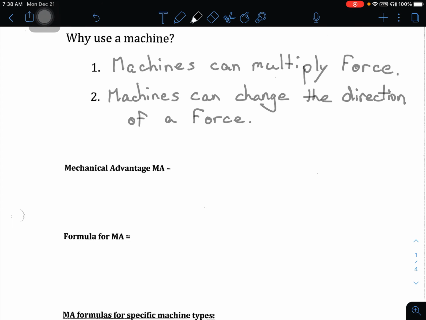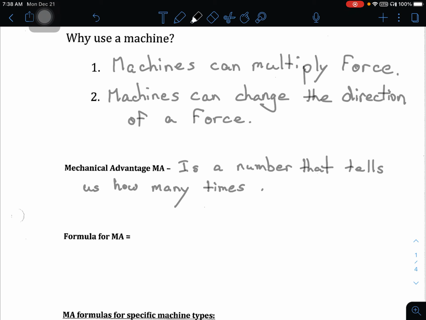So what is the definition of mechanical advantage? Well, MA, mechanical advantage, is a number that tells us how many times a machine multiplies a force.